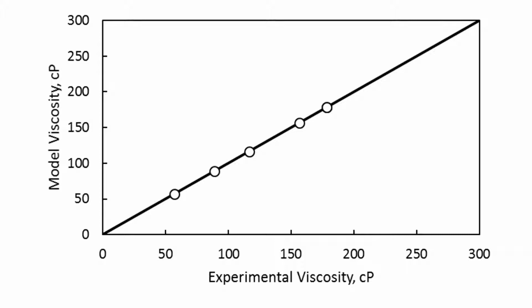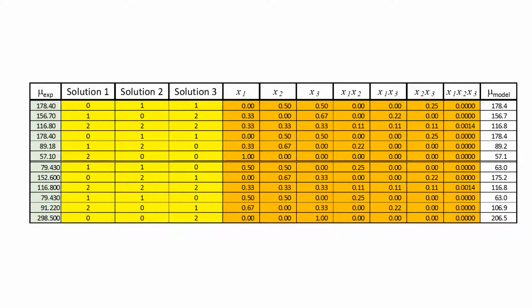Now what we want to do is test to see if it can work for different combinations of mixtures and see if this model is robust. So let's go to another data set. Here I'm going to look at different mixtures of solutions 1, 2, and 3.